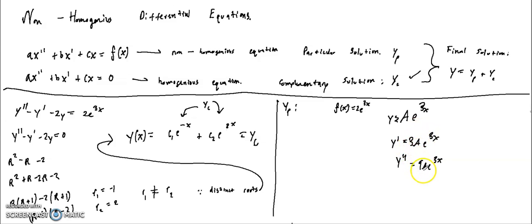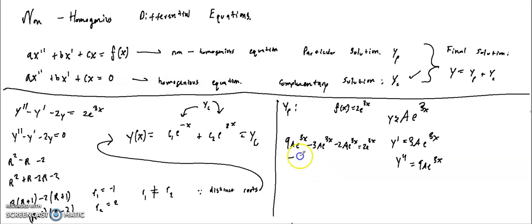But in order to find a, we need another equation. And what's beautiful is we already have that equation. So we're actually just going to plug some stuff in. This is our equation, sorry. So we have y double prime. We know y double prime is 9a e to the 3x minus y prime, so minus 3a e to the 3x minus 2y, so minus 2a e to the 3x equals 2e to the 3x.